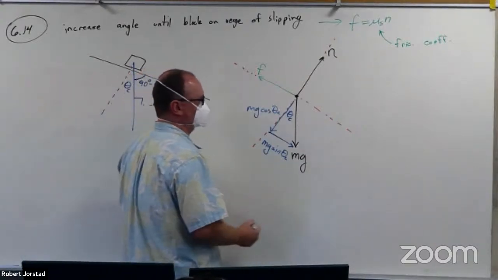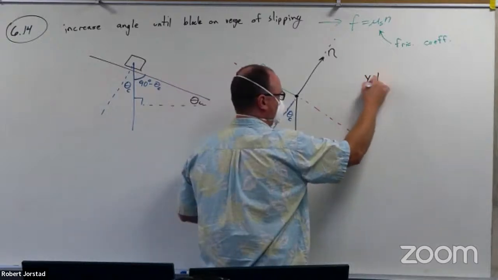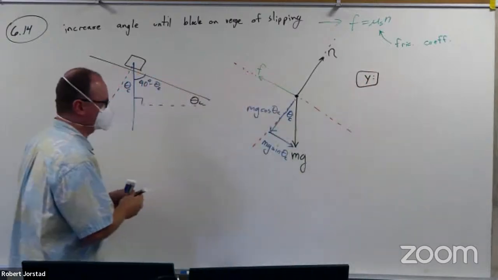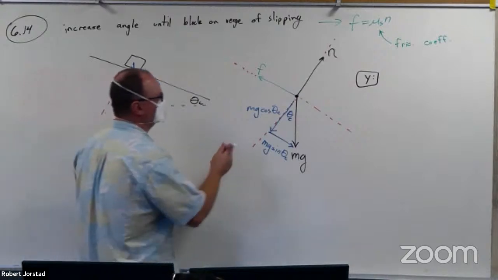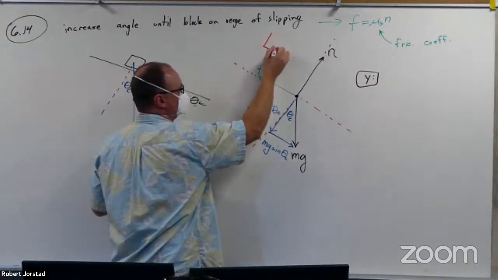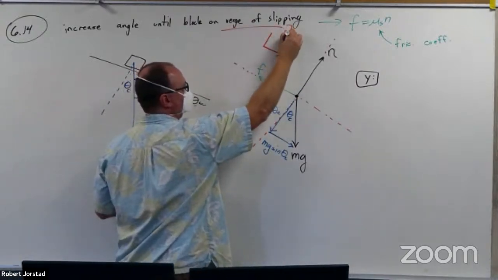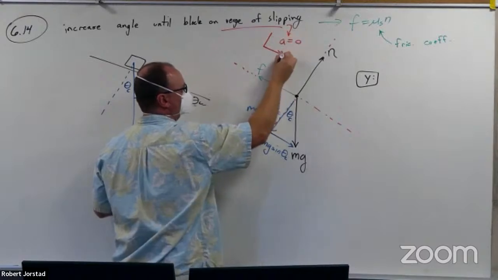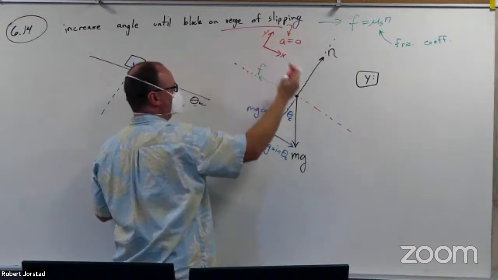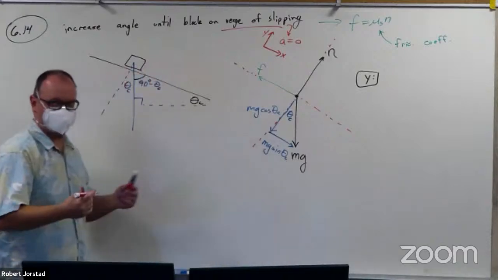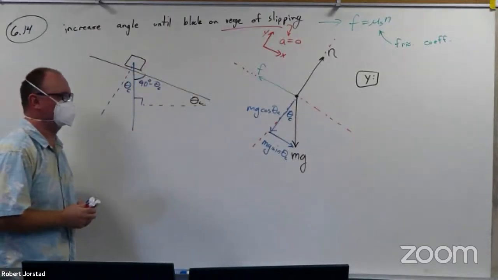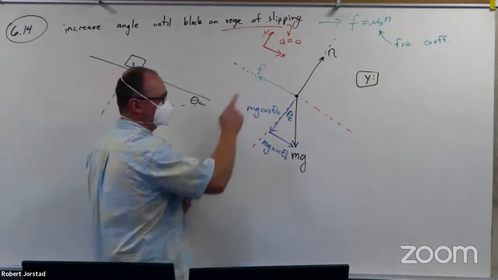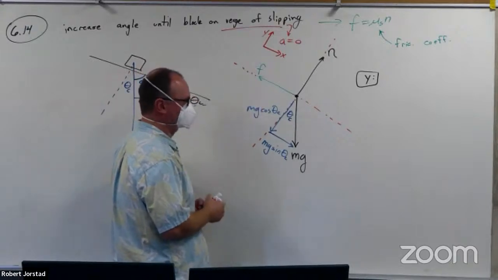All right. What's the sum of forces in the y direction here? Oh, what's the acceleration for this problem? Should be 0 because it's on the verge of slipping. So somebody else might draw up the plane positive, somebody else might draw down the plane. We know that shouldn't matter. But what's true for the forces in the y direction in this problem?